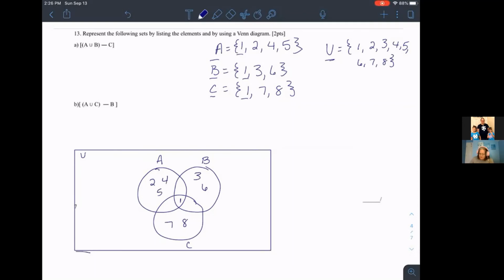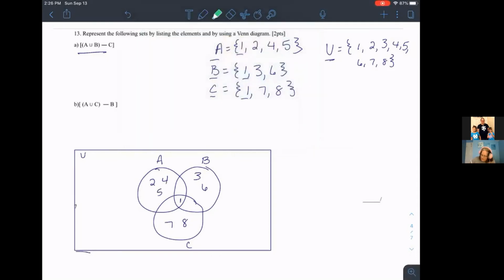In order to find A union B minus C, we want to find everything that's included in A and B, but that's not included in C. If we do it just by looking at the numbers, let's do this in green to make it a little easier.